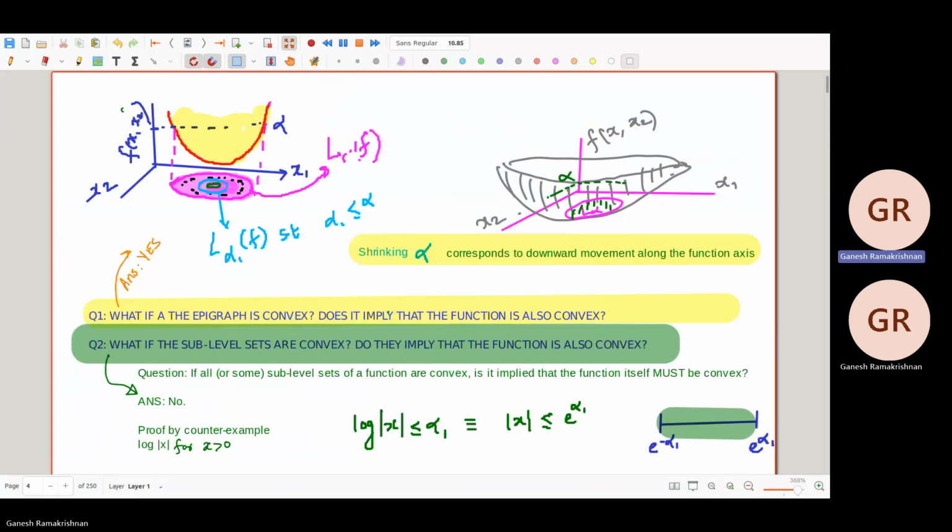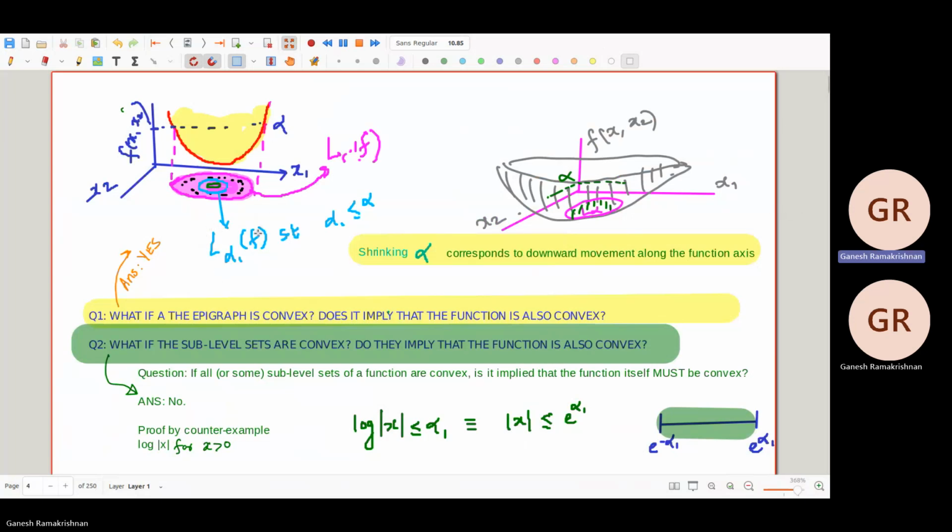I'll just call it L alpha, my name for the sublevel set. Now, do they have some interesting properties? Let's understand this a little bit more.